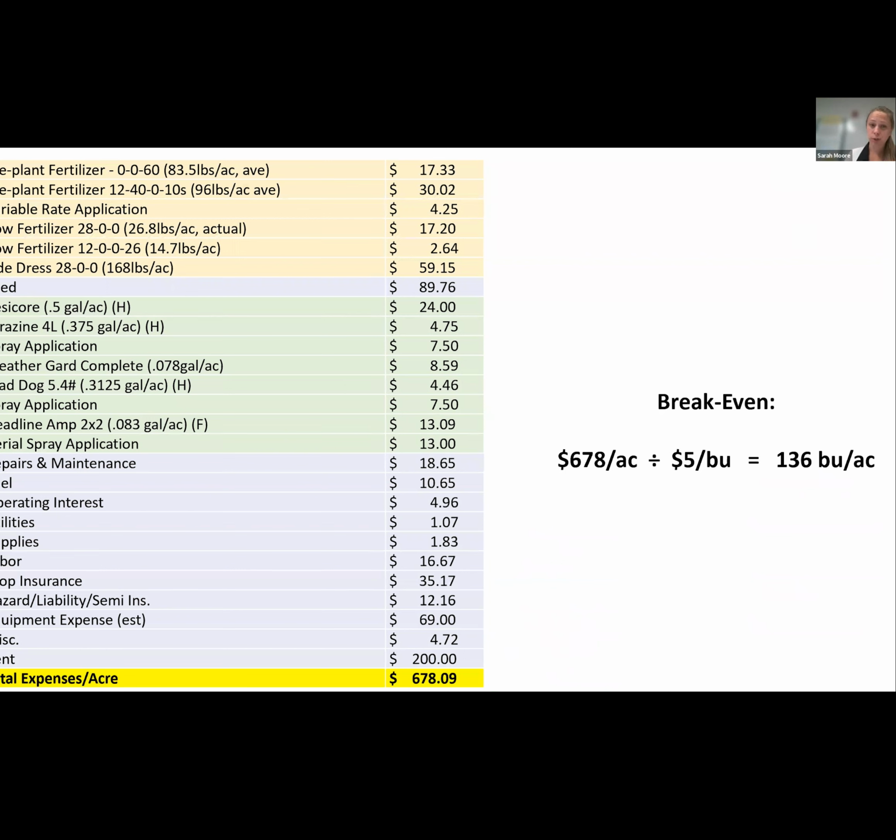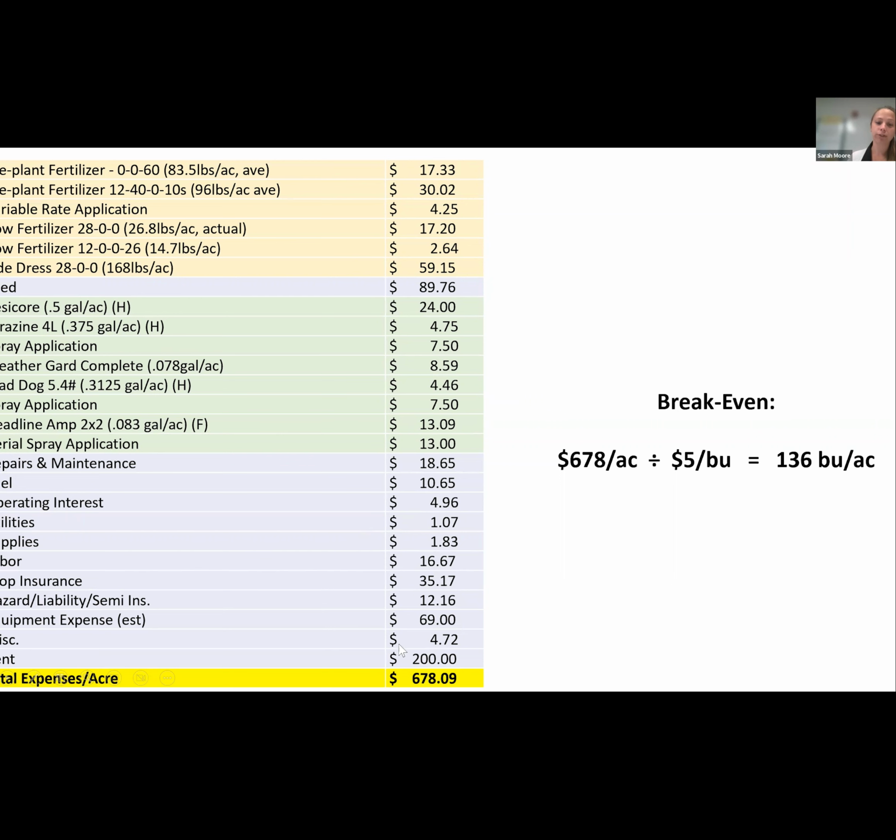Because this gentleman is a part of the demo farms, he does keep his line-by-line economic information. So if we look here, we can see all of his input costs for his fertilizer, his seed, all of his chemical applications, as well as things like repair and maintenance, operating costs, labor, crop insurance.